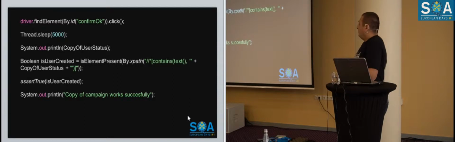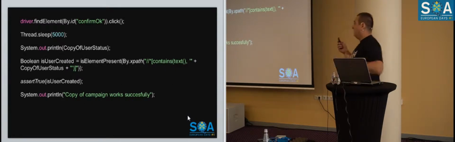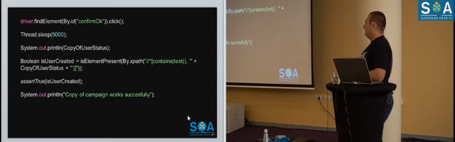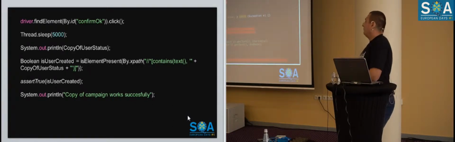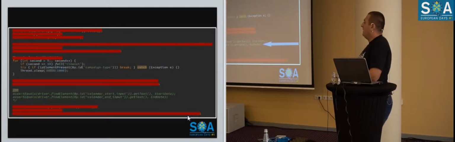We first find this element by ID, confirm it's OK, then we click it, and then wait for 5 seconds, and then we have some copy of user status, and then check how this is correlated, and then we see that printing of company works perfectly. What I meant here in this test, I still don't understand. Although System.out.println was basically meant to help me understand it, it didn't. One should inform in a more adequate way compared to what we used before. So we delete it again.